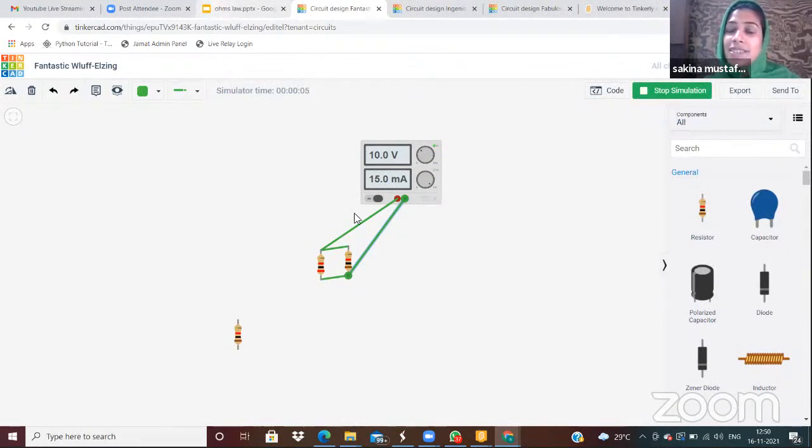So because when we connect it in a parallel, the resistance value is decreasing. It is not adding up. It is the reciprocal and then adding, and the current is 15 milliampere. So current has increased when we connect it in a parallel. So that's what we have discussed, that in a parallel circuit, the resistance value decreases because we take the reciprocal.